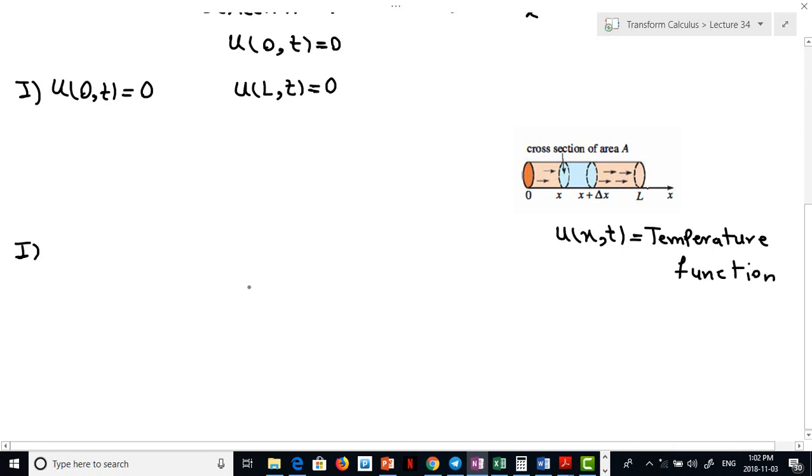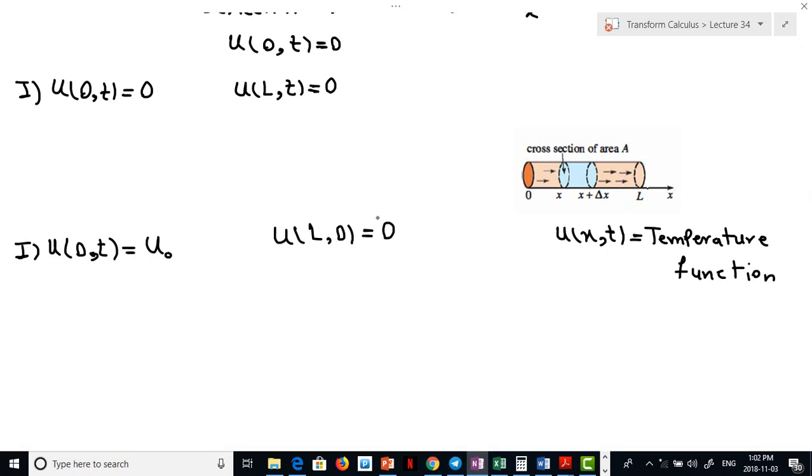For the Dirichlet boundary condition, for example, we can say that the temperature, just as an example, at x equal to 0, or at the beginning of the rod, is equal to, let's say, a constant u0. Or we can say that the temperature at L, or at the end of the rod, is equal to, for example, 0. Again, we are representing the boundary condition in terms of u. As a result, we are talking about the Dirichlet boundary condition.